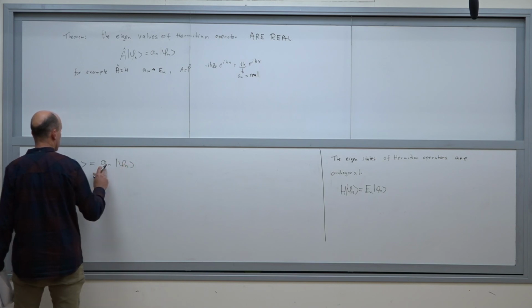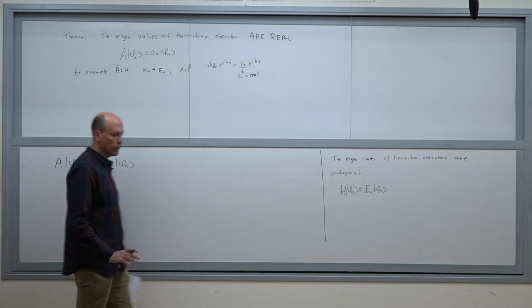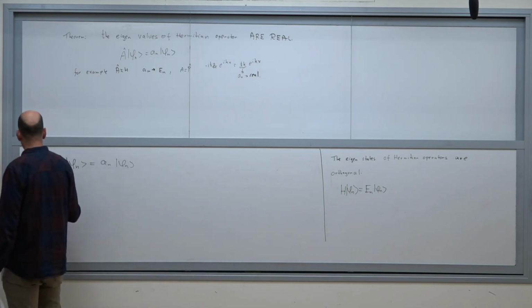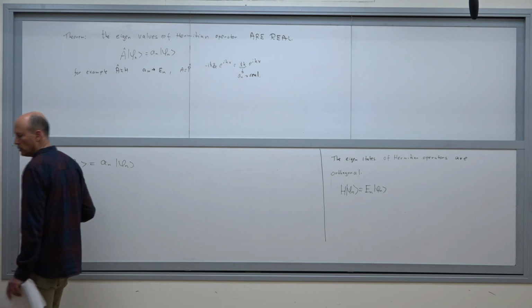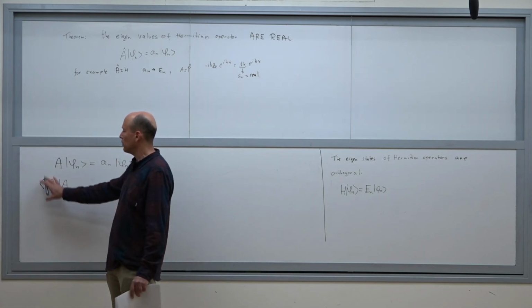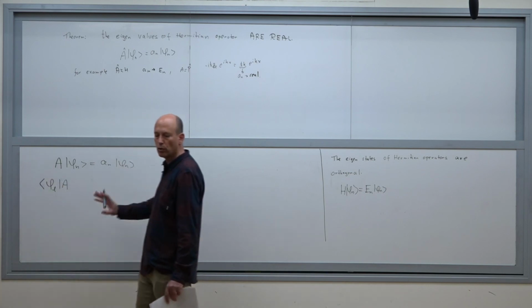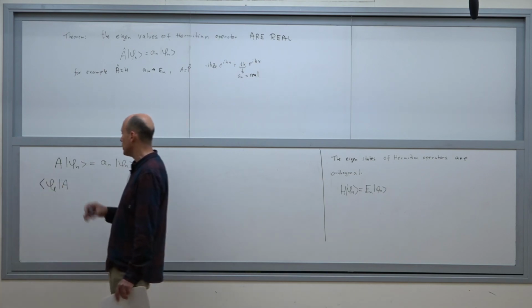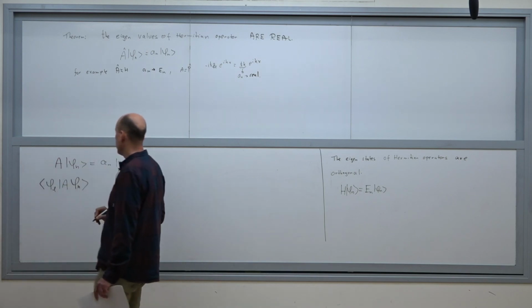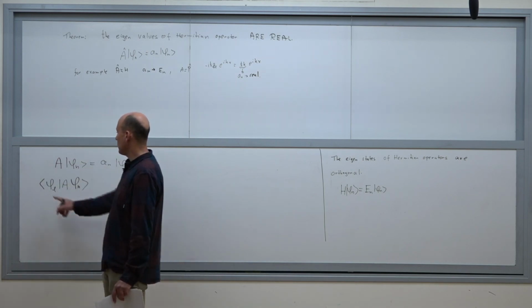We know already that this A n is a real number. So what we're going to do now is multiply this by phi l. And again, if you don't like this very general symbol, imagine that this is the integral from minus infinity to infinity, all this junk. This is much more convenient. Phi l? Yeah, some l.